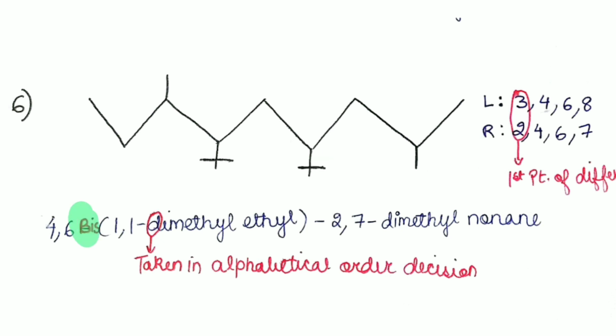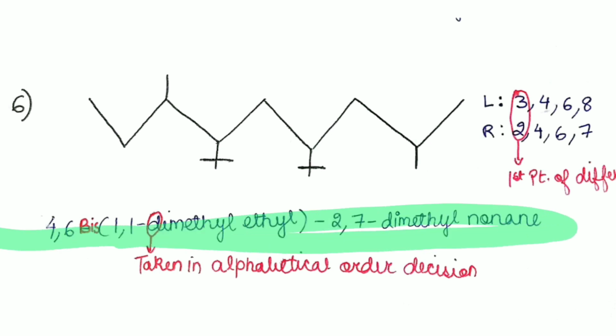When outside the bracket we have 3 of a kind, we use tris, and so on. So basically at the 4th and the 6th carbon, we have a 1,1-dimethyl ethyl group, but it's coming twice. And because it's in brackets, outside the bracket we'll use the word bis. So the name comes out to be 4,6-bis 1,1-dimethyl ethyl 2,7-nonane. That's the name of this compound.